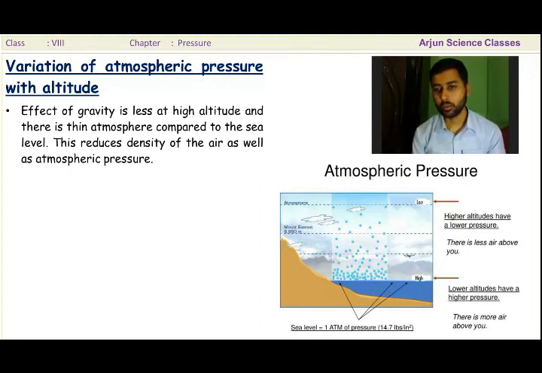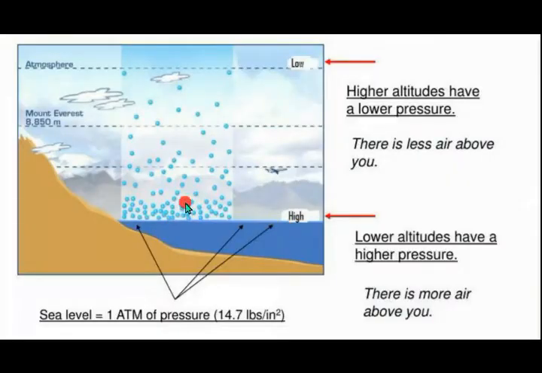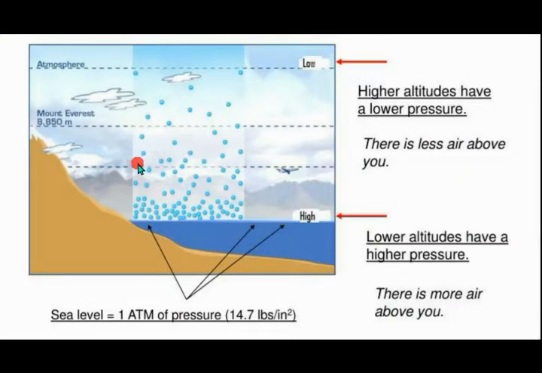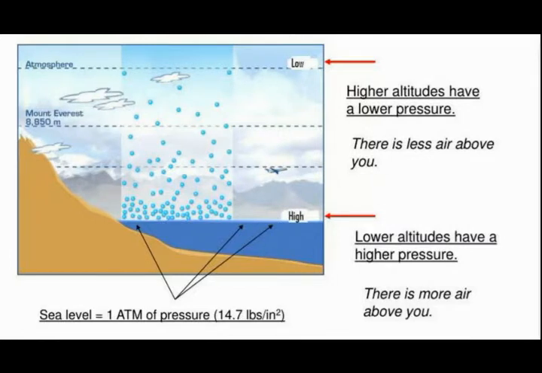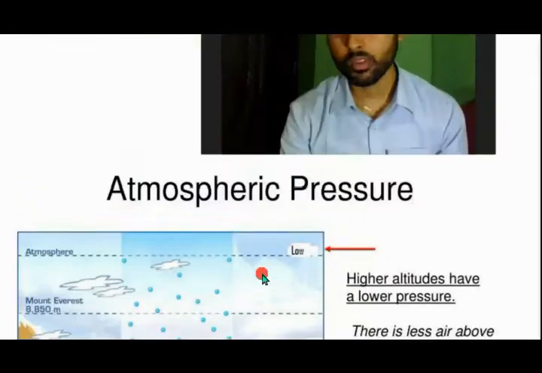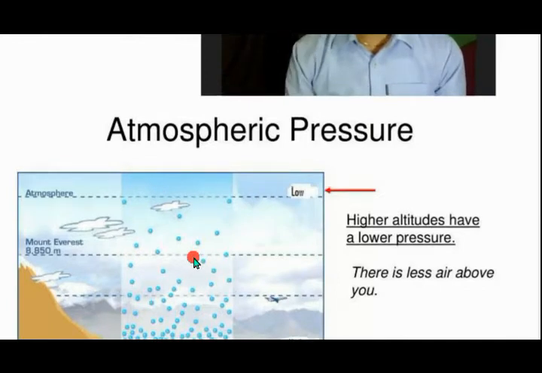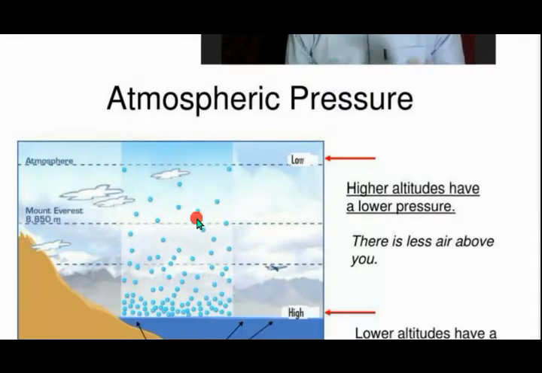Here you can see in this diagram, at sea level, molecules are very close to each other, and the density of the air is very high. As we go up to high altitude, molecules are far from each other, and there is less density of the air.